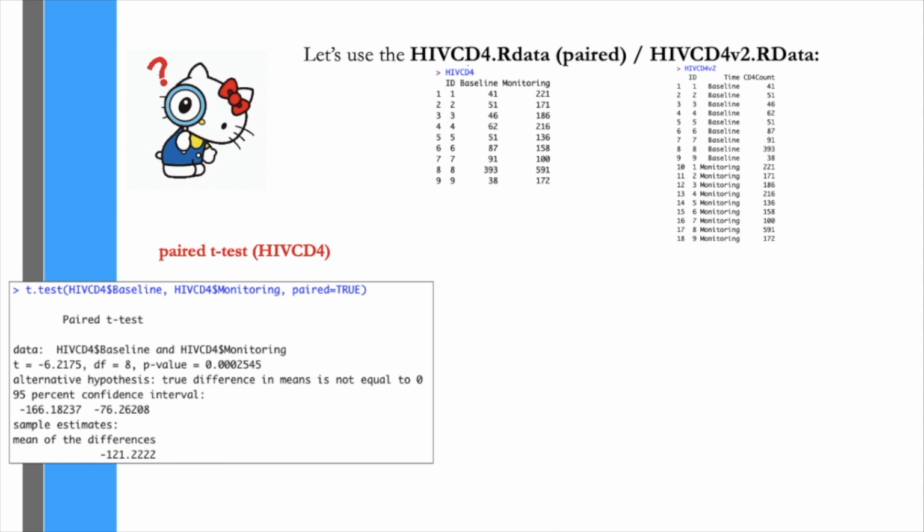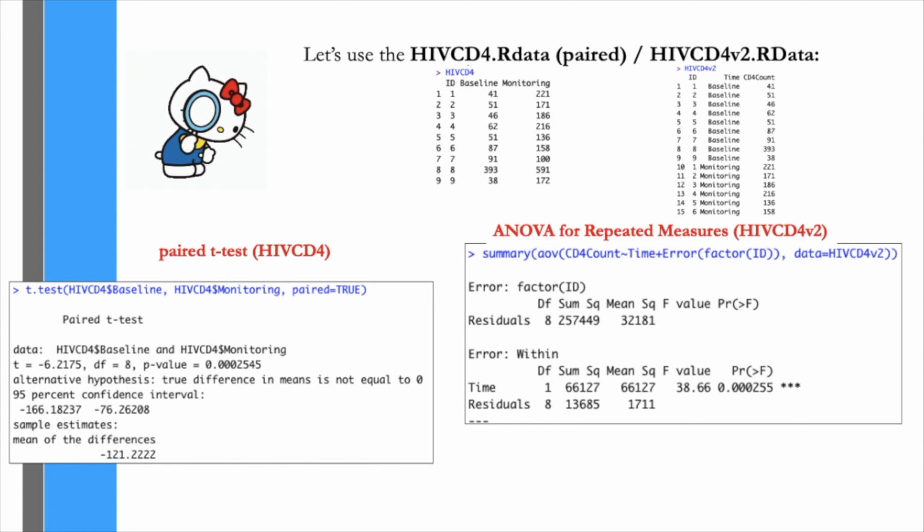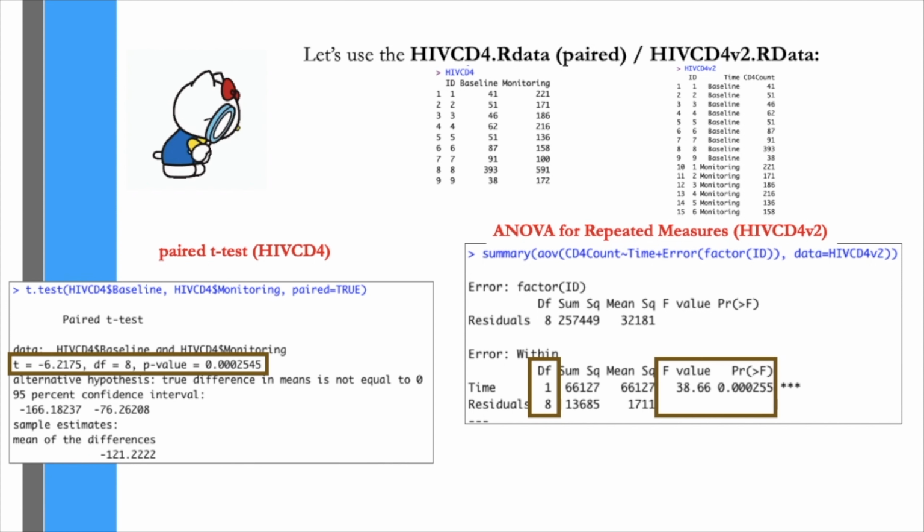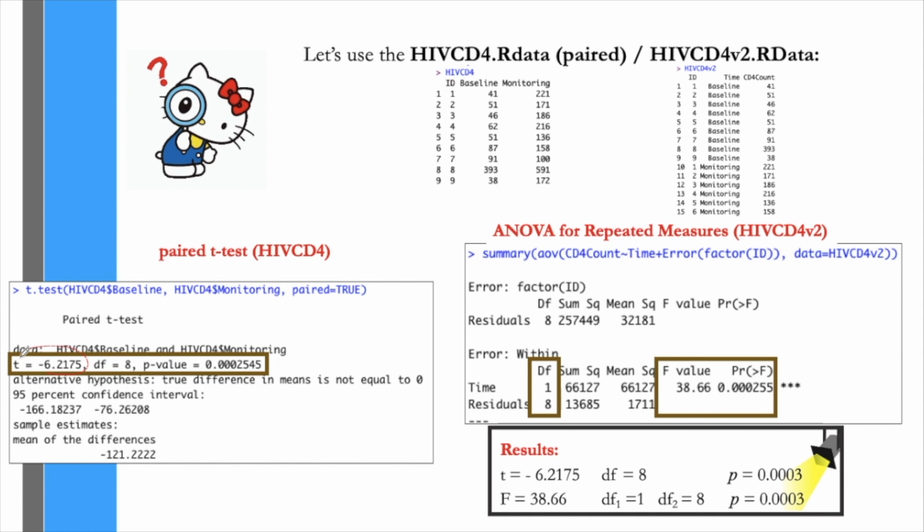Applying the paired t-test, we have this result, and with the analysis of variance for repeated measures, we have this result. Now observe the test statistic, the df, and the p-value. For the paired t-test, we have this t-statistic, df is 8, p-value is 0.0003. And for the analysis of variance for repeated measures, we have this F statistic, we have these 2 df, 1 and 8, and we have this p-value, which is also 0.0003.